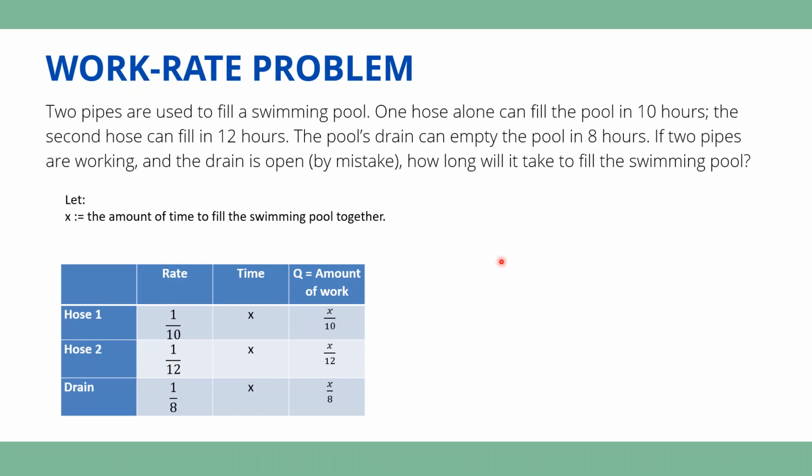So ibig sabihin, when we write our equation for the completion of one job, that would be now equal to X/10 for our first host, plus X/12 for our second host, minus yung ating work done ng drainage, which is X/8. So, equate lang po natin yung tatlo to 1. So, this is now our working equation.